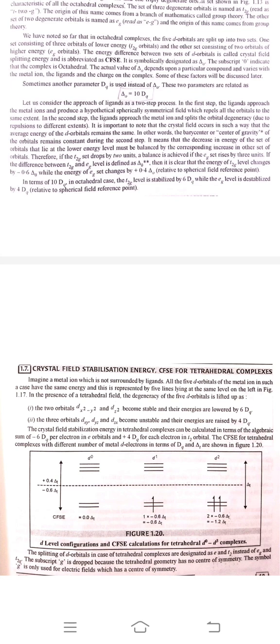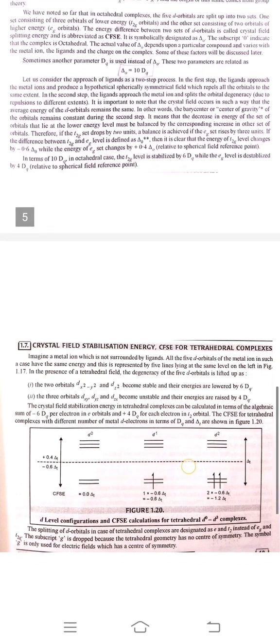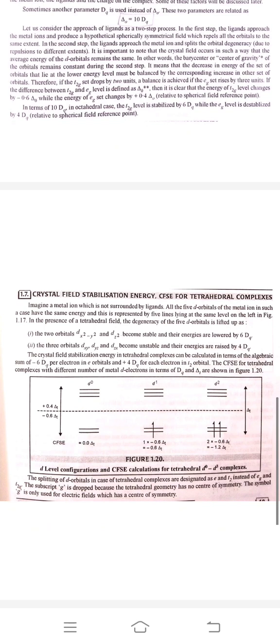If the difference between t2g and eg levels is defined as Δ0, then it's clear that the energy of the t2g level changes by -0.4 Δ0, while the energy of the eg set changes by +0.6 Δ0. In terms of 10 Dq in the octahedral case, the t2g level is stabilized by 4 Dq, while the eg level is destabilized by 6 Dq.